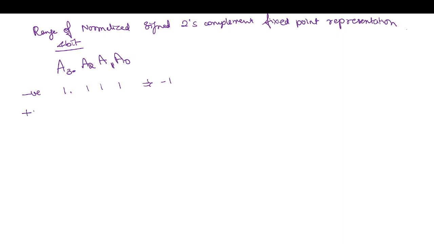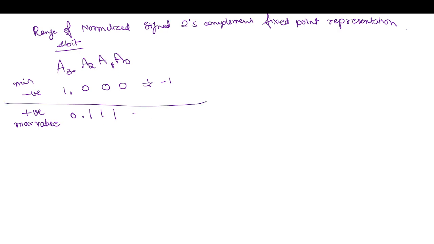And then if you see the positive number, the maximum value will be 0 and all the other values will be 1. In negative values, all the values are 0, because we want the minimum negative value and then the maximum positive value.